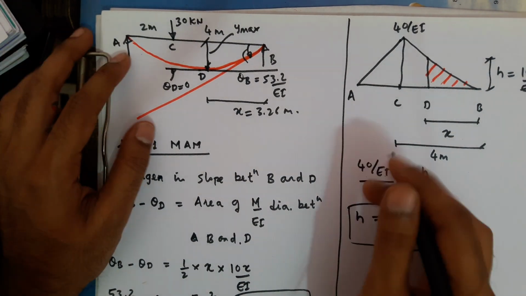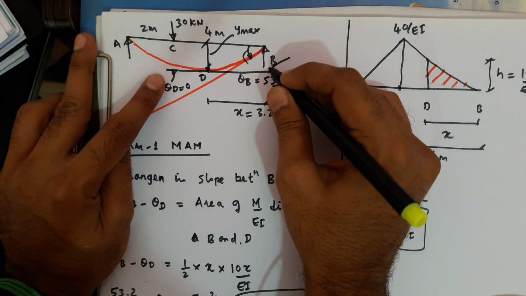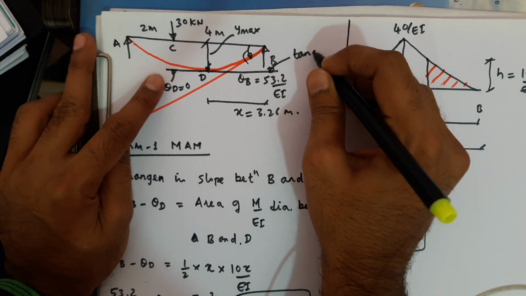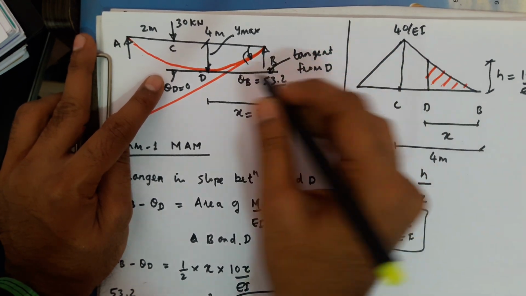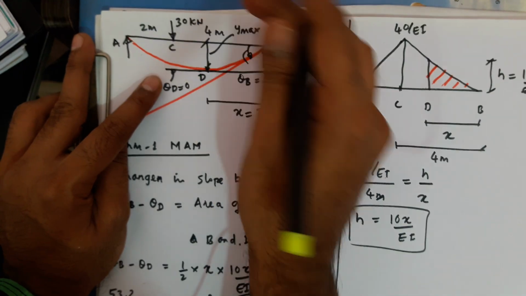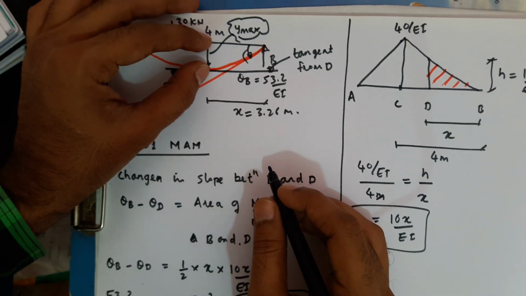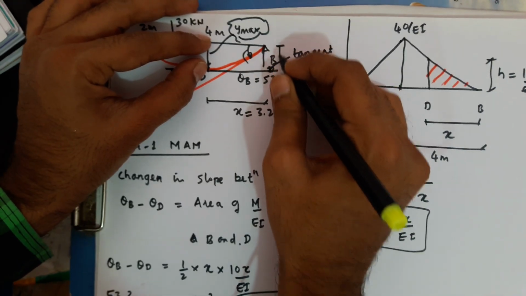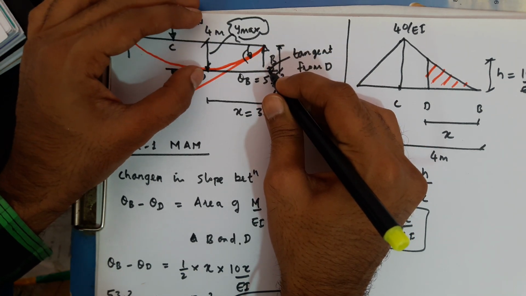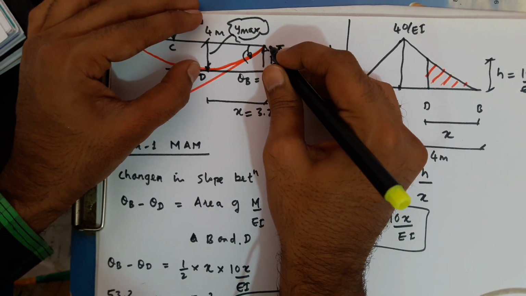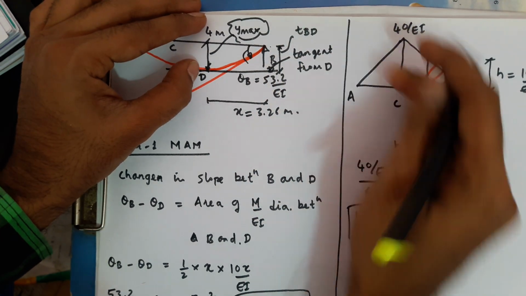Now see here class, we have this tangent from D. This line is nothing but the tangent from D, and this deflection is nothing but the maximum deflection. We have to calculate that. And this distance, the deviation of B with respect to the tangent from D, is nothing but TBD.